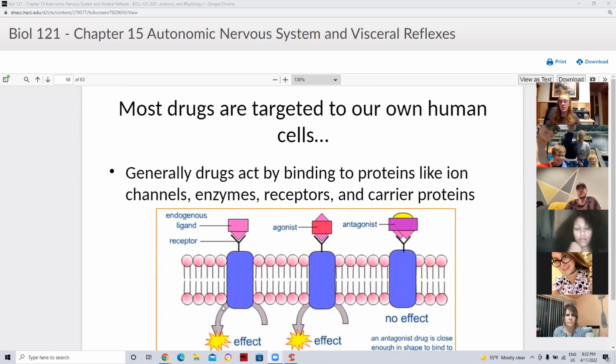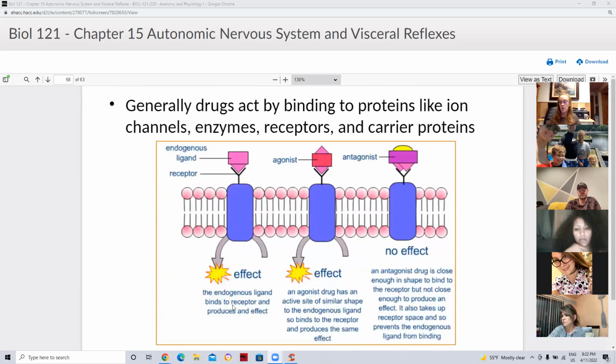Shifting gears a little bit, talking about drugs. Generally, most drugs are targeted to our own cells by acting like proteins that can bind to channels, enzymes, receptors, or carrier proteins. We have agonist drugs that mimic the endogenous ligand by binding to the receptor and producing the same effect.